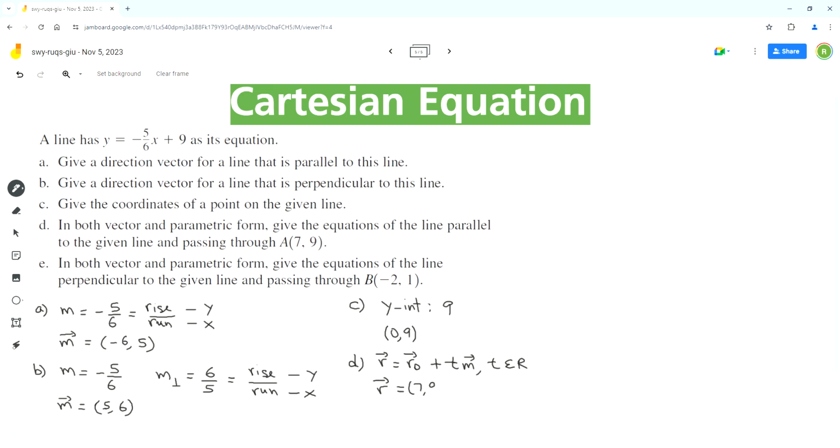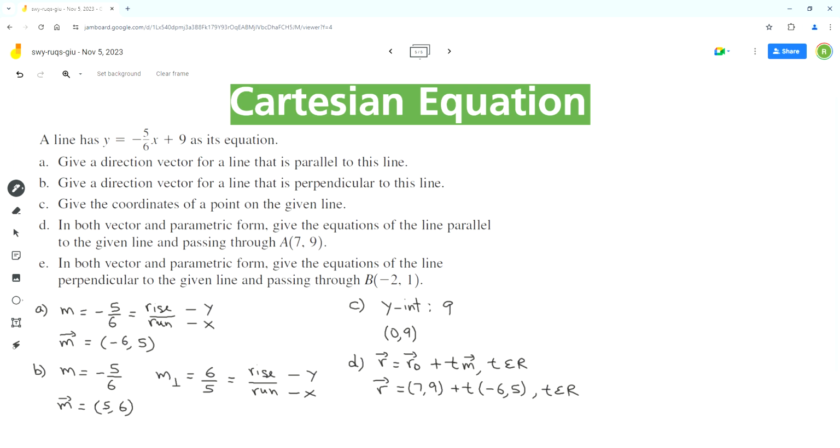So we can use that for the position vector r0. And in part A, we found that a direction vector for a line parallel to the given line is -6, 5. So this is the vector equation of a line parallel to the given line. Now we can write the parametric equations.